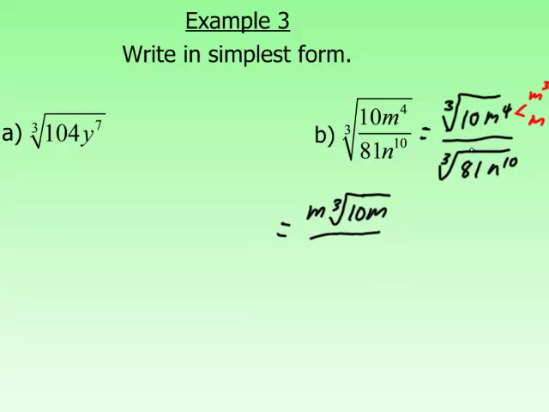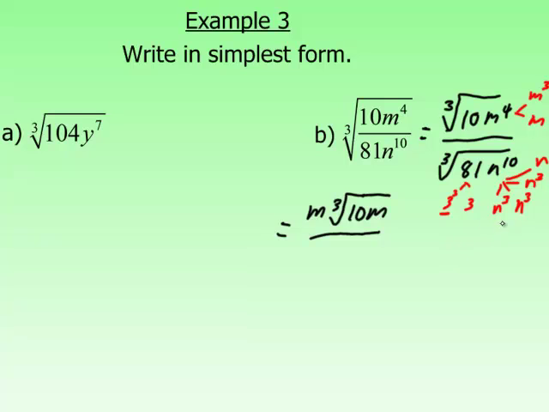So in the case of the denominator, the 81 can be written as 3 cubed times 3, or 3 to the 4th. I wrote it this way because I do have a group of 3 3's, and then n to the 10th can be written as n cubed times n cubed times n cubed times n.